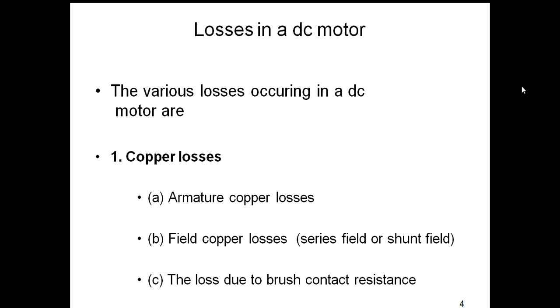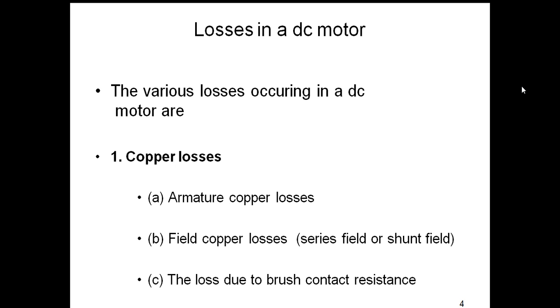Mainly these copper losses occur in the windings. If these losses occur in the armature winding, then such losses are called as armature copper losses.